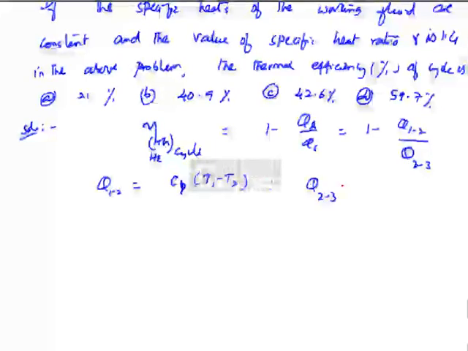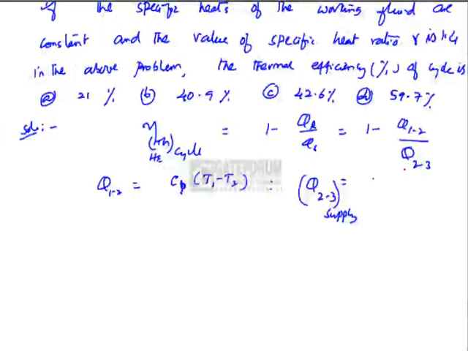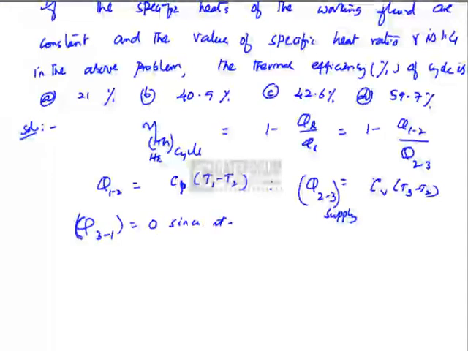Q2 to 3 should be equal to the heat supplied, because the temperature is increasing at constant volume. The heat supplied in this process is given by Cv into T3 minus T2. There is no heat transfer in 3 to 1 process since it is reversible adiabatic.